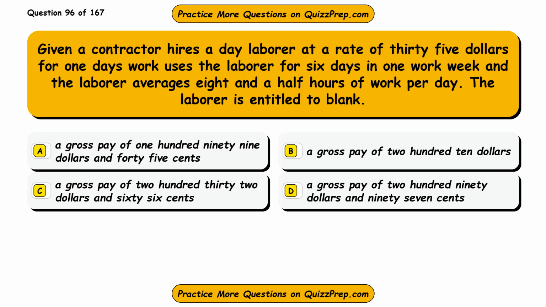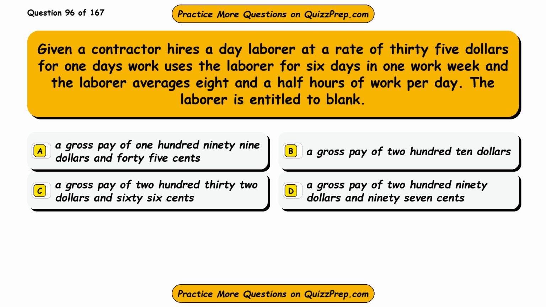Question 96. Given a contractor hires a day laborer at a rate of $35 for 1 day's work, uses the laborer for 6 days in 1 work week, and the laborer averages 8.5 hours of work per day, the laborer is entitled to blank. Option A, a gross pay of $199.45. Option B, a gross pay of $210.